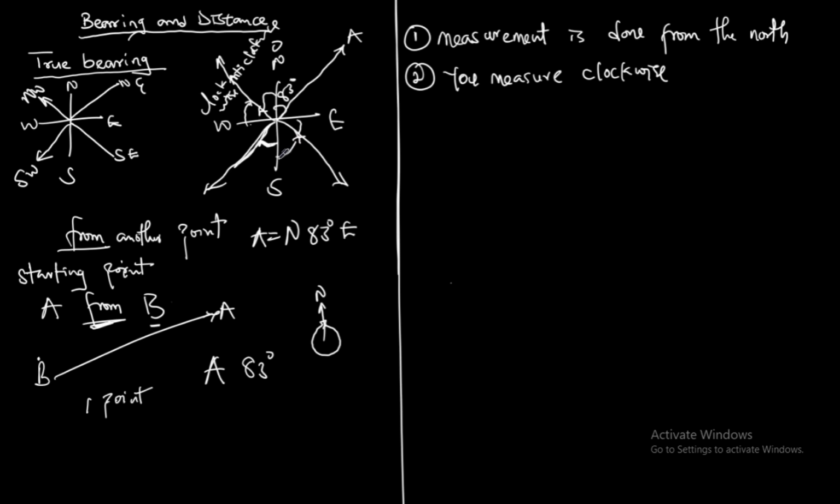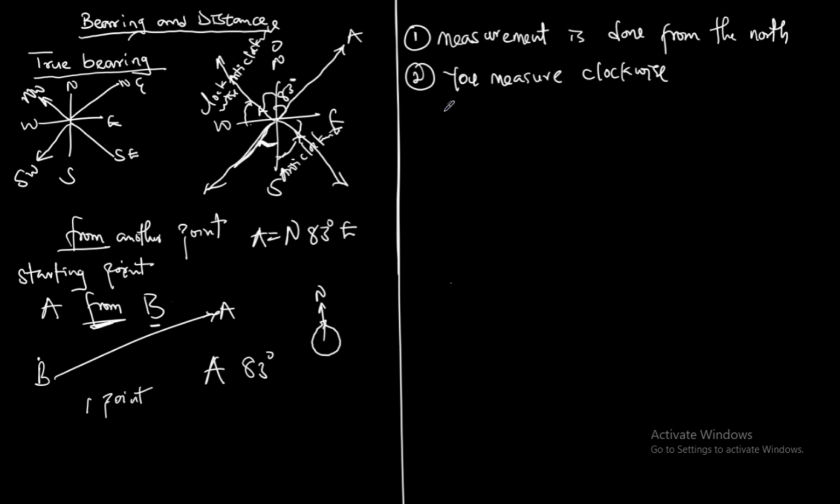And if you are measuring from the south towards the east, that is anti-clockwise. So that means compass bearing can measure clockwise as well as anti-clockwise. But for true bearing, you only measure clockwise, that is from the left to the right alone.